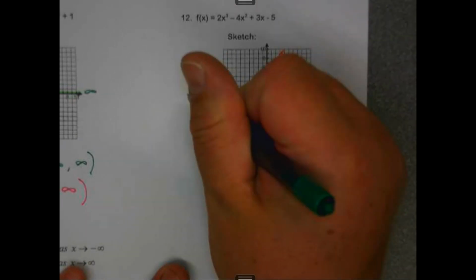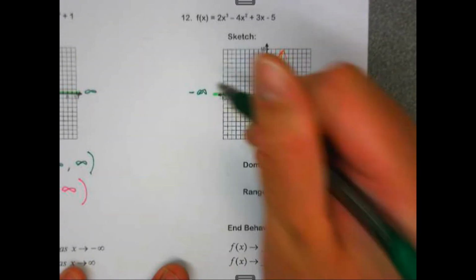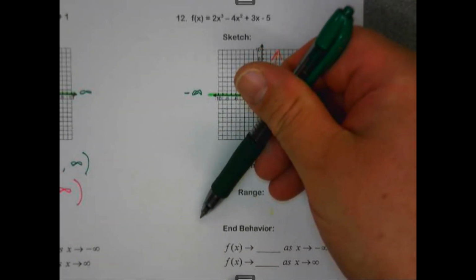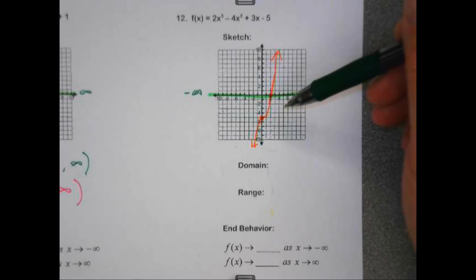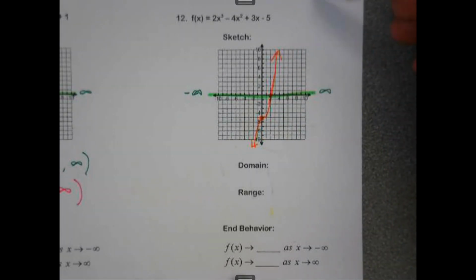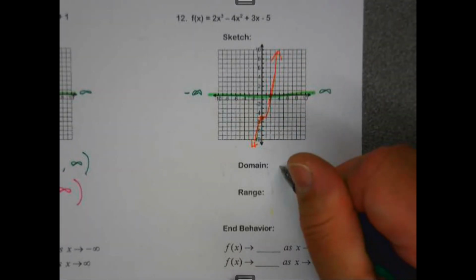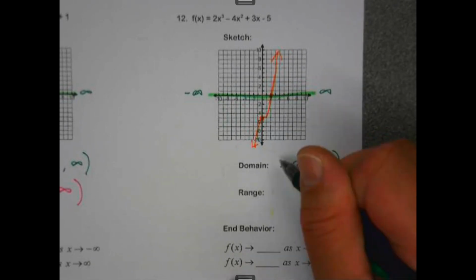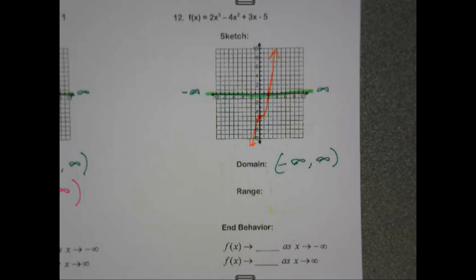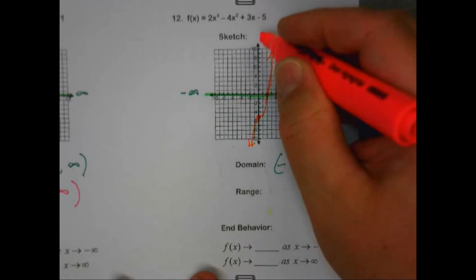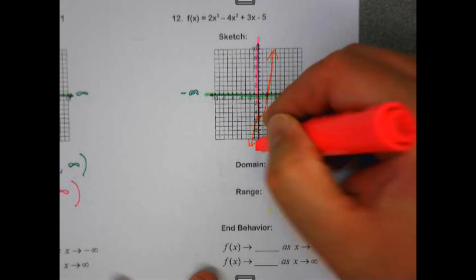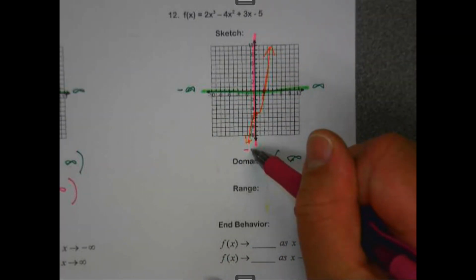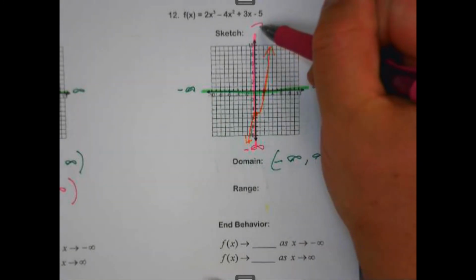Positive infinity, negative infinity. My domain. This is going to go on forever and ever towards negative infinity. It's going to go on here forever and ever towards positive infinity. So my domain is negative infinity, positive infinity. My range, y values, and I can already see it's going to go to negative infinity, positive infinity.